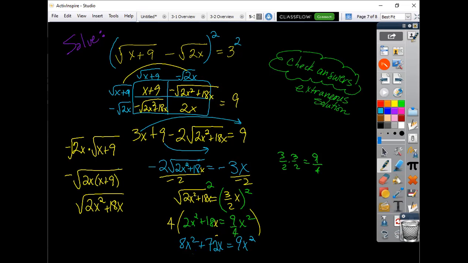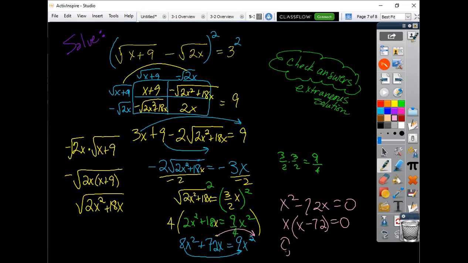And then subtracting, yeah, let's do it that way. And then we'll move both of these over to make it equal 0 maybe. So I'll have 9x squared minus this 8x squared is just x squared, and then the minus 72x equals 0. Factor out an x.